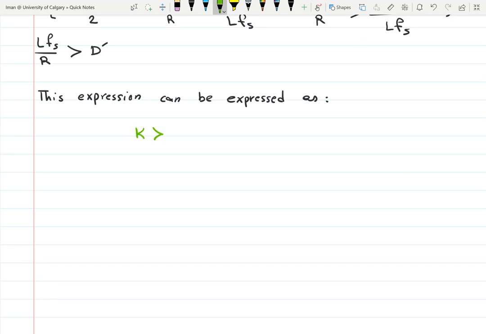K greater than K critical, which is a function of D, for CCM, and if K is less than K critical of D, it is for DCM.